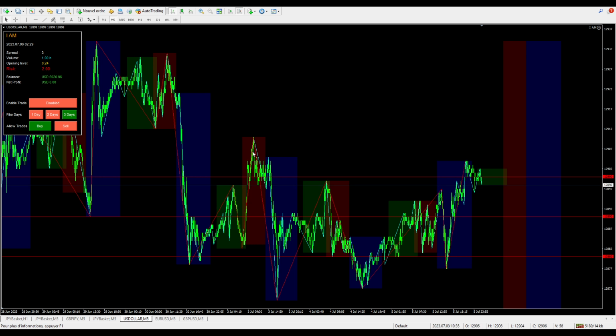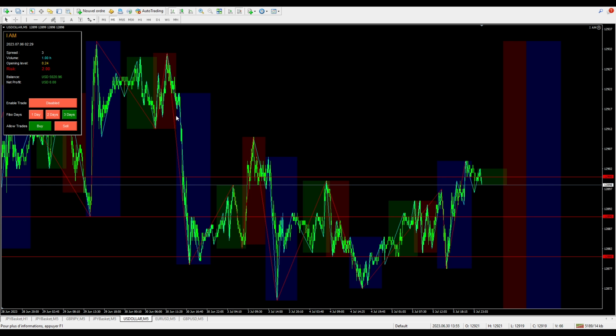As you can see here, the previous highest price was from the 5th, 1, 2, 3 days before. And you see that it was a higher high, and this higher high wasn't changed so far.